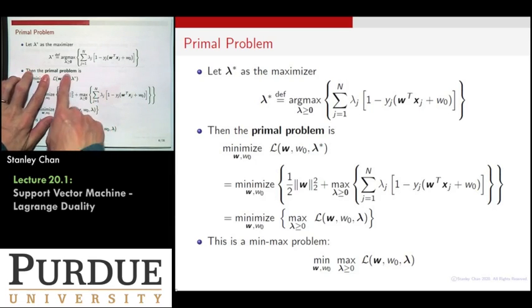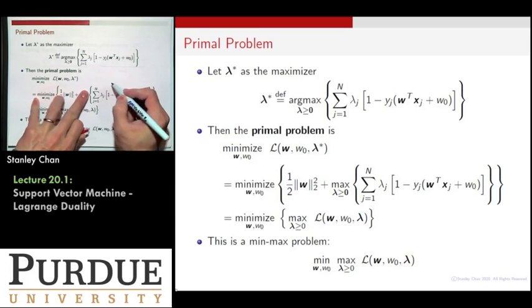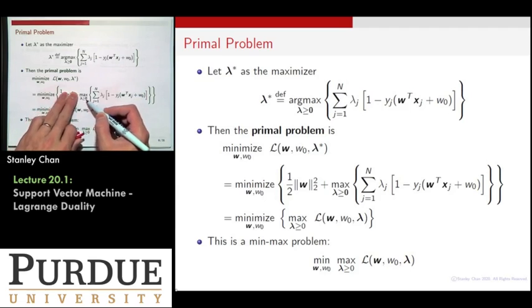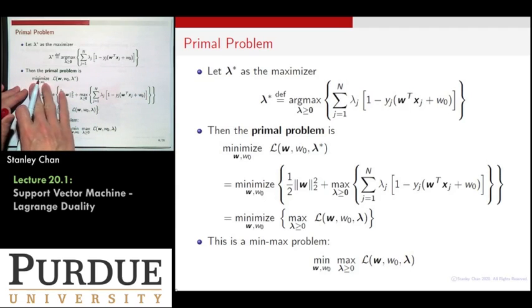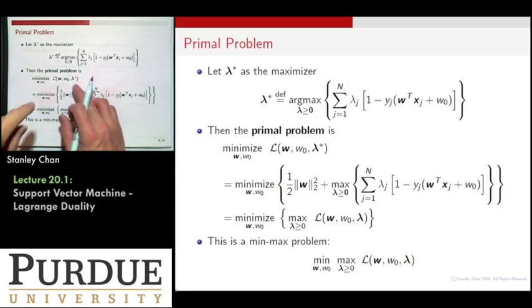And now if I replace this lambda star by this quantity here, meaning that in the Lagrangian function, instead of just writing this, I'm going to write the maximum of this by finding a good lambda. Right? Originally you want to solve this minimization problem, and there will be a lambda star.